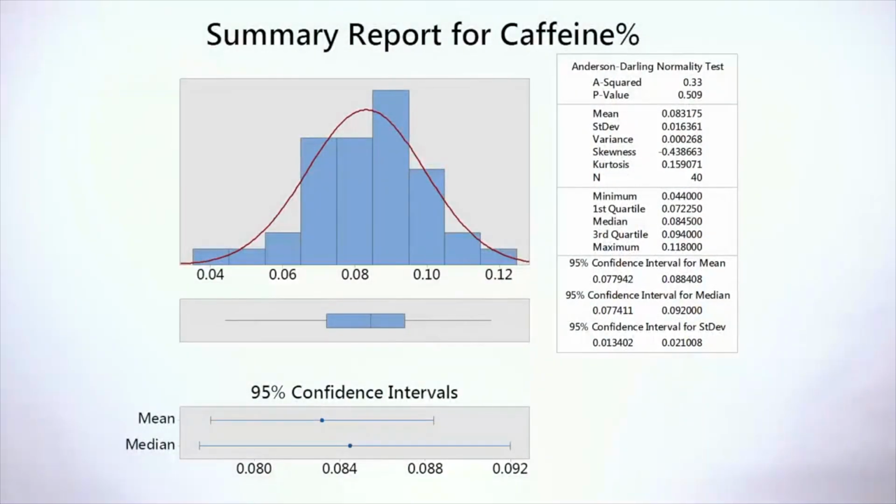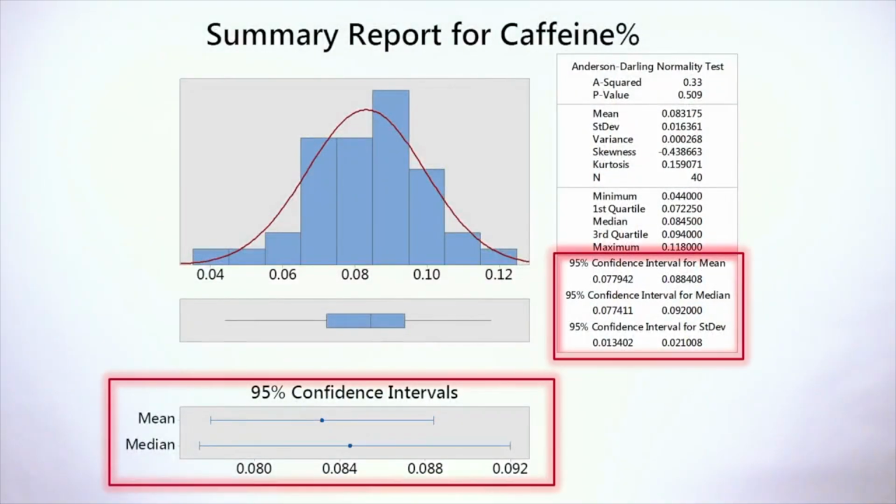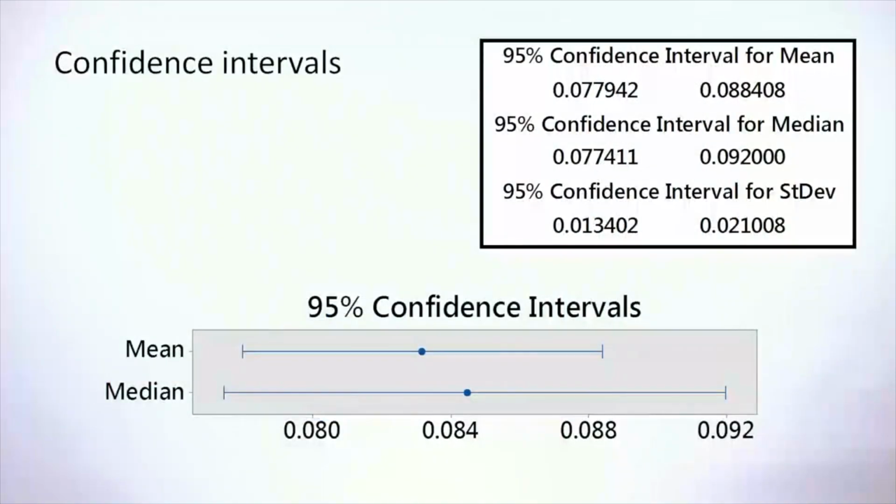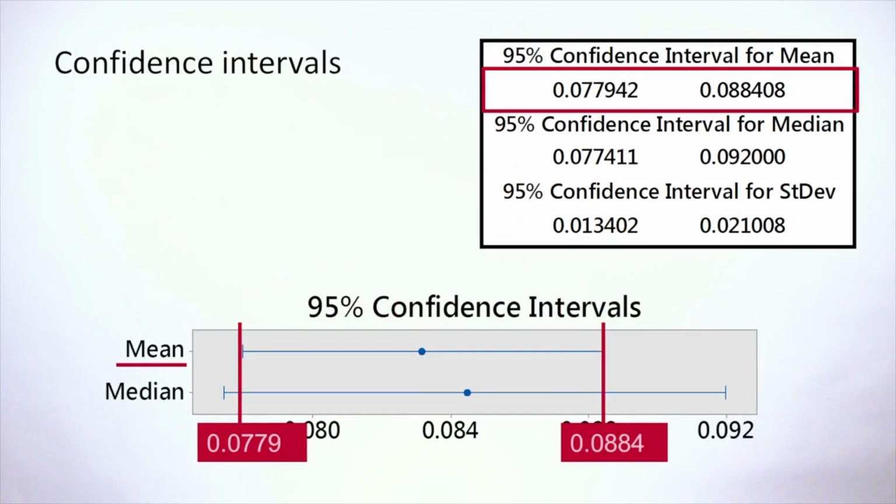Minitab computed for us such a confidence interval. We see that we are 95% confident that the actual population location will lie in between 0.0779 and 0.0884. Thus, the mean caffeine percentage in the population will be in between these two values, with 95% certainty.